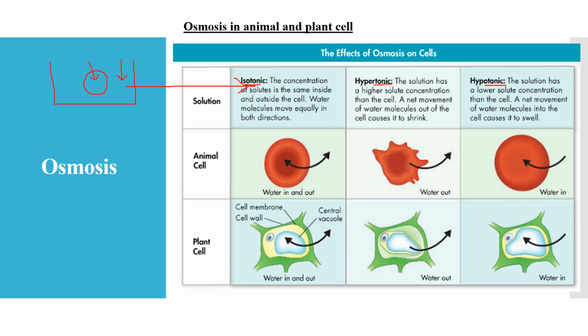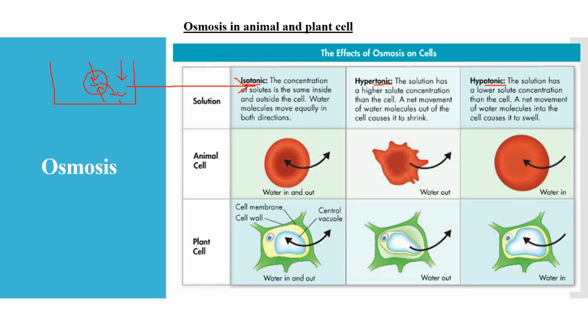So if the concentration of water molecules is the same, it means it is now the equilibrium state. And if there is an equilibrium state, then there is no net movement of water molecules. Means if one molecule is coming out, then one molecule is going in, so there is no net movement, and the state is still equilibrium.